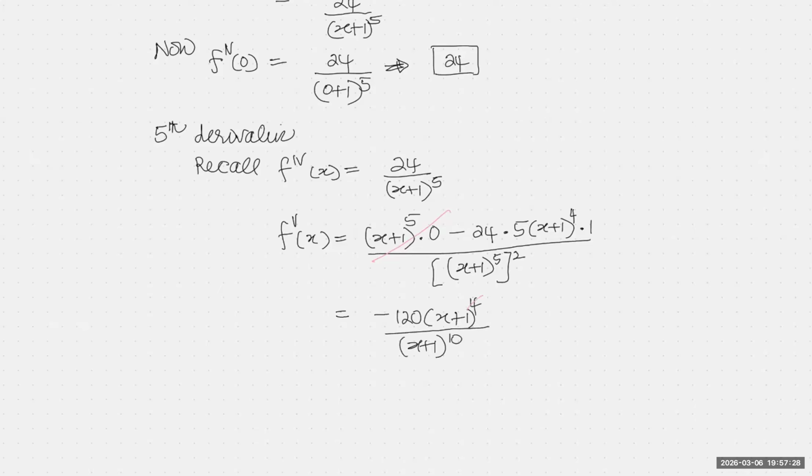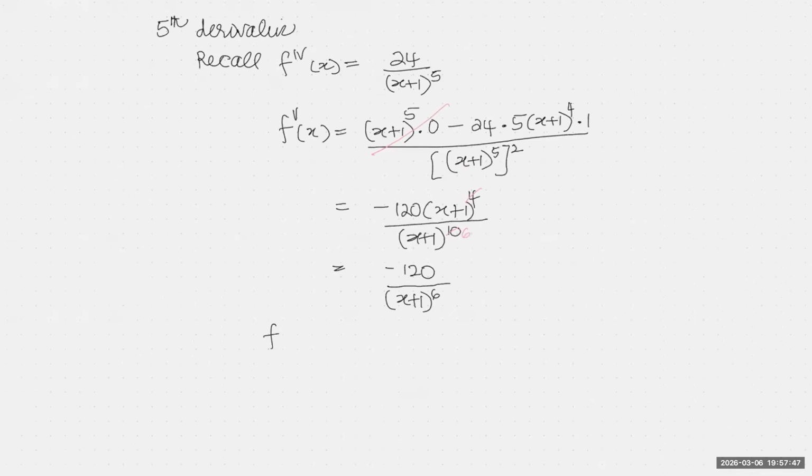So I'm going to end up with now negative 120 over (x plus 1) to the 6th. So f to the 5th of 0 is equal to negative 120 over (0 plus 1) to the 6, which implies it's negative 120.